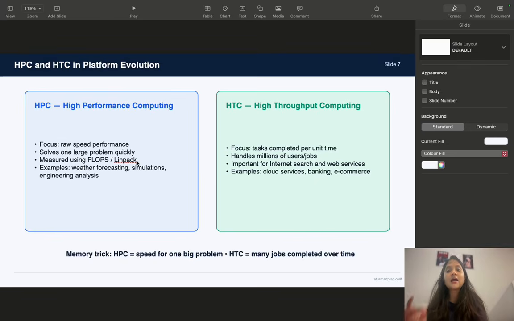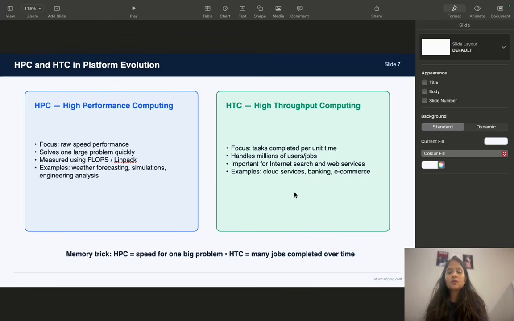HTC focuses on the number of tasks completed per unit time. Examples are web search, cloud search, e-commerce, and banking transactions. So HTC equals many jobs completed over time: how many jobs or tasks it completes over time.